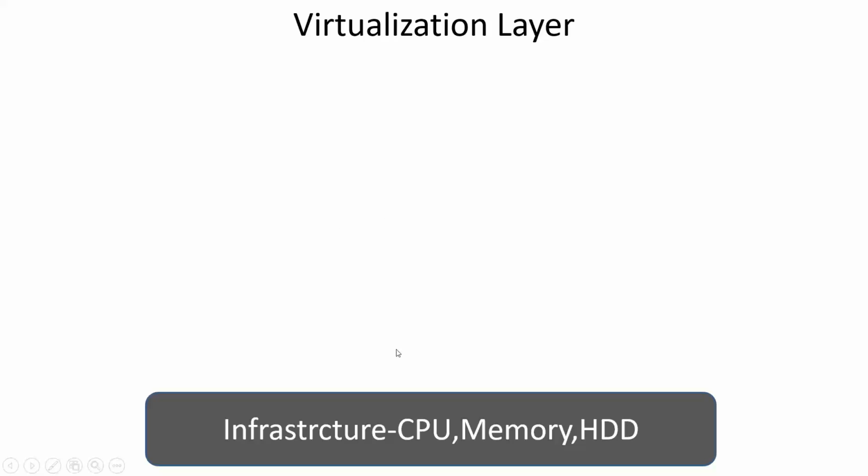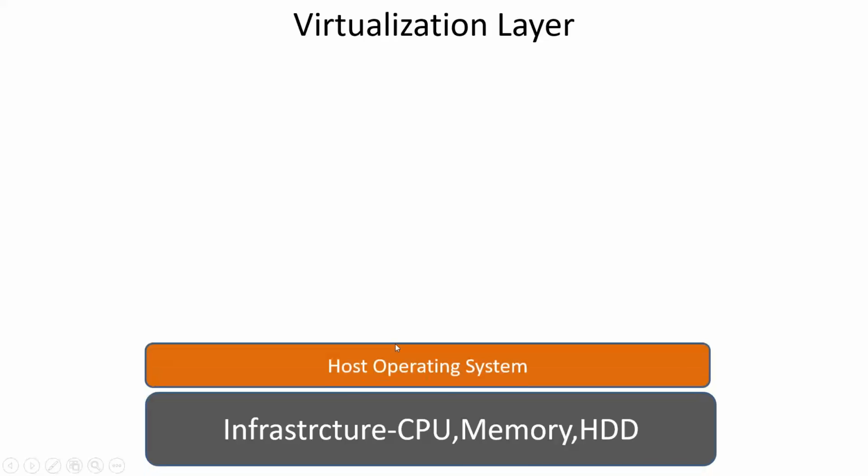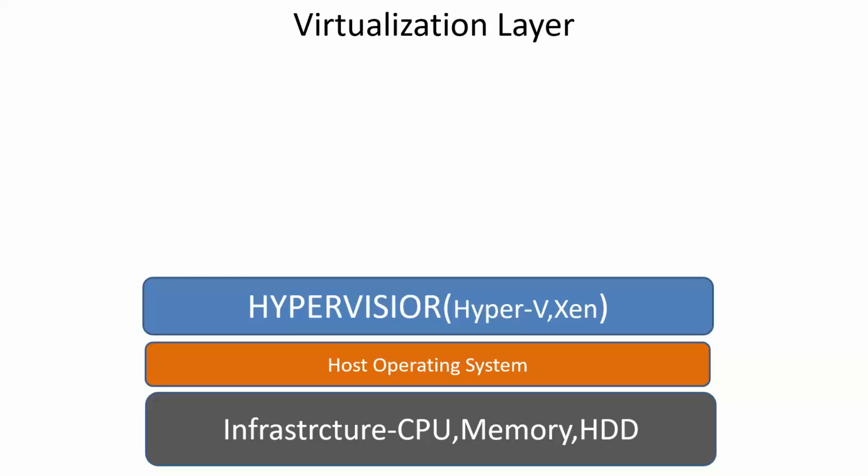Right. Okay, so quick summary of what we have done yesterday. In yesterday's session, we focused on virtualization, where we started with our infrastructure, which is the laptop in our case. Then we have the host operating system, which was the operating system of our laptop, and provisioning a virtual machine was achieved with the help of the hypervisor.